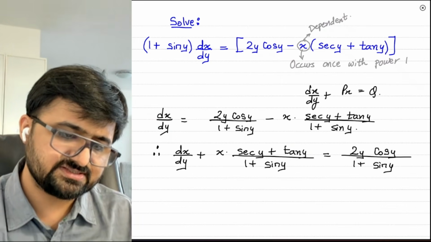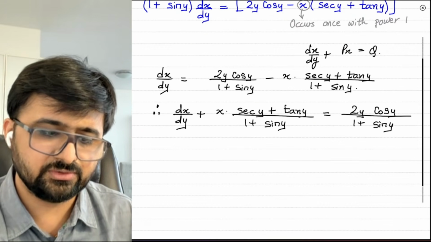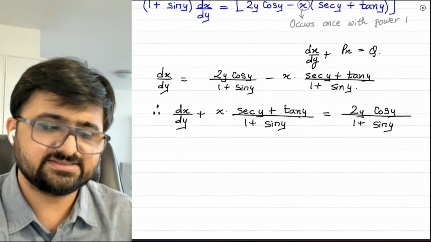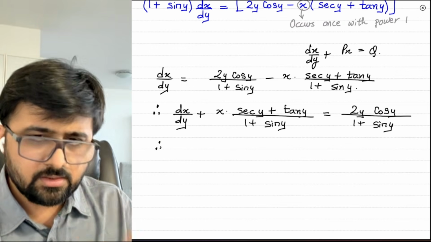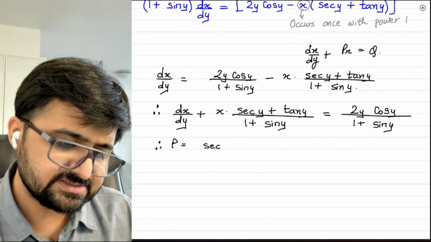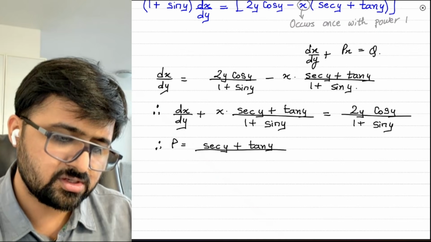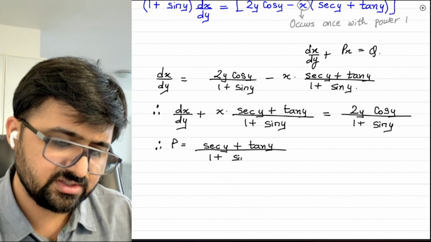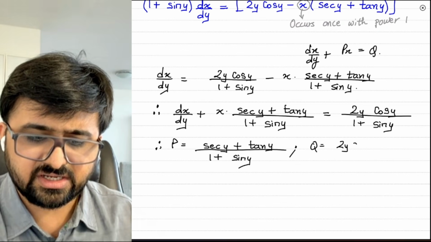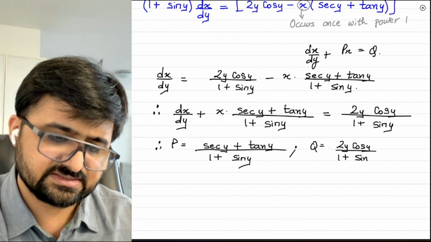Now this is of the form dx by dy plus px is equal to q. That tells you that p is (sec y plus tan y) divided by 1 plus sine y, and your q is 2y cos y divided by 1 plus sine y.